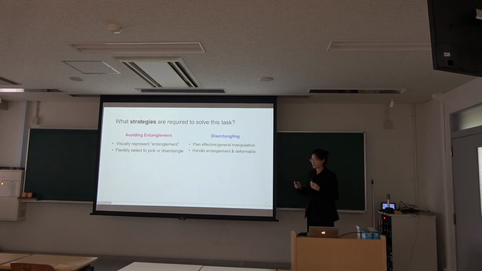So what we want to do in this thesis is to realize the following capabilities which the related work does not have, such as obtaining visual representations for entanglement, or letting the robot flexibly select its actions. And we also want to craft more general or effective disentangling motion primitives to handle both the entanglement and deformation issues.